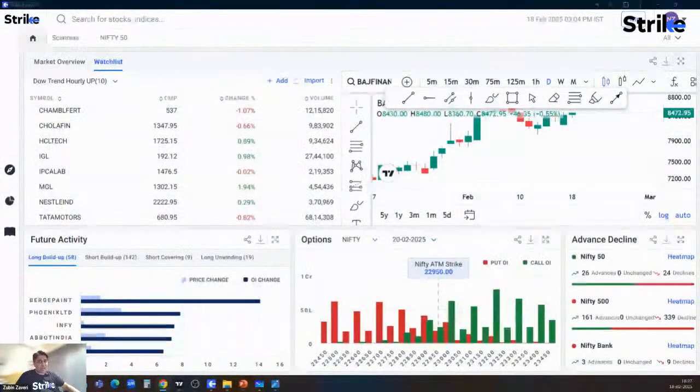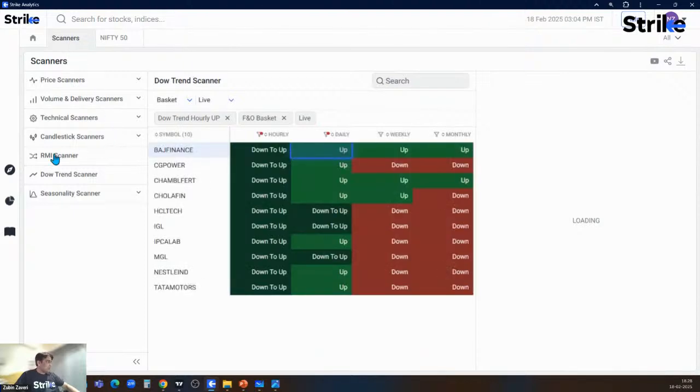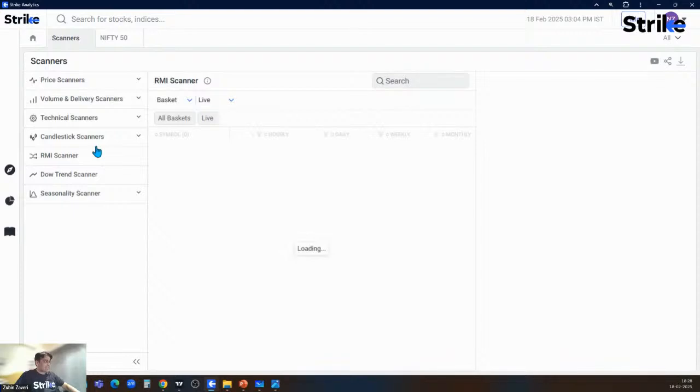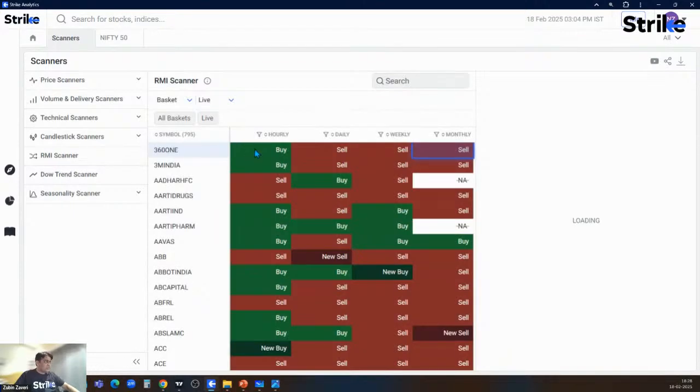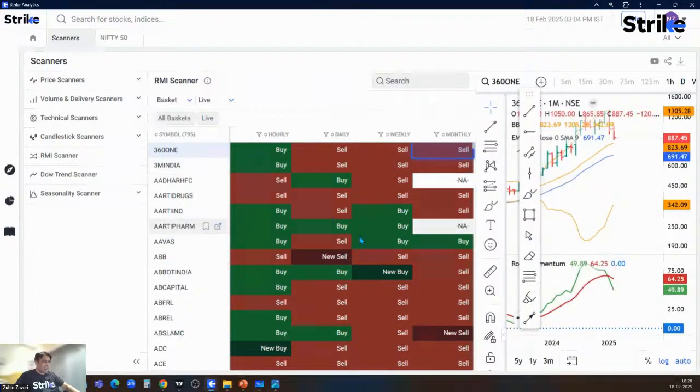We have RMI momentum. So we can again go to the scanners over here, and in the scanners we can go to the RMI scanner. Once we click on RMI scanner, similarly to Dow trend, we will get hourly, daily, weekly, and monthly time frame charts with all the signals of buy, sell, new buys, or new sells.